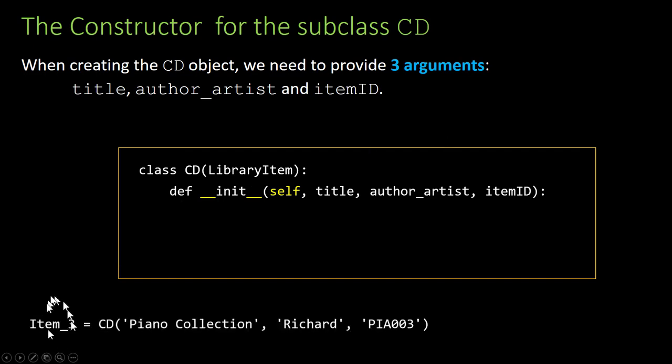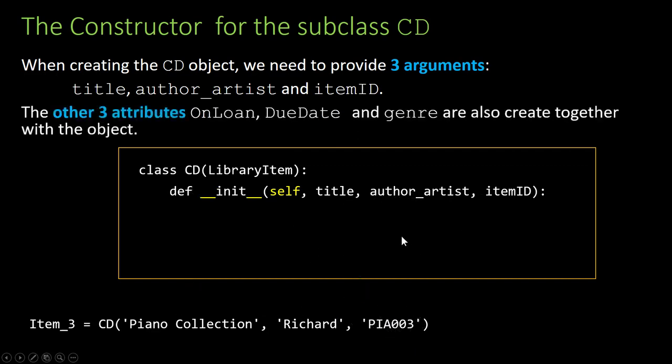So when we instantiate, for example, item3 to be a CD object, this CD object has the title Piano Collections, and then the artist Richard, and then the CD ID. All these three arguments are passed to the parent class using super().__init__.